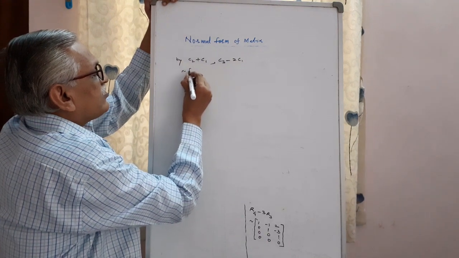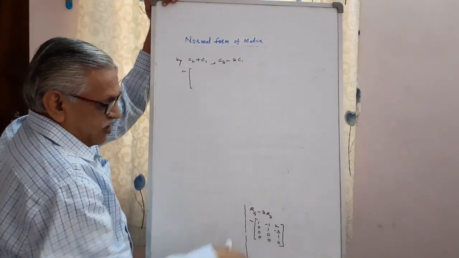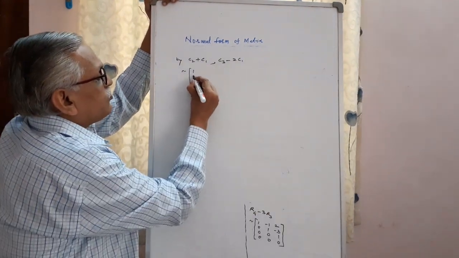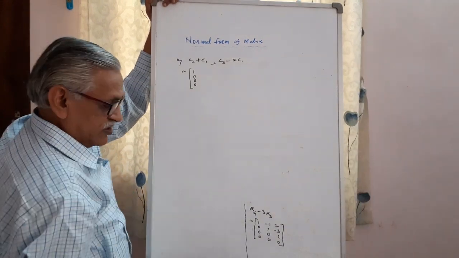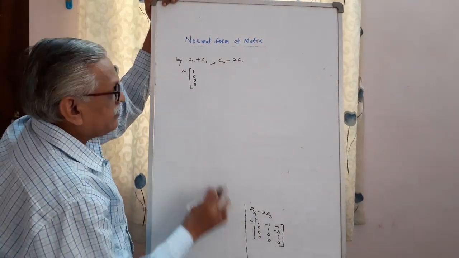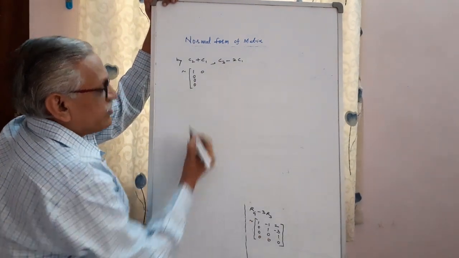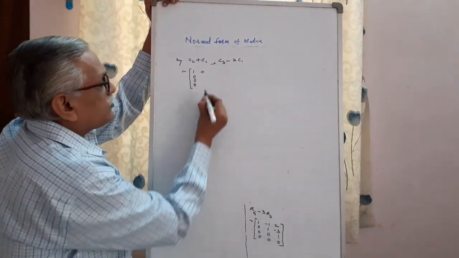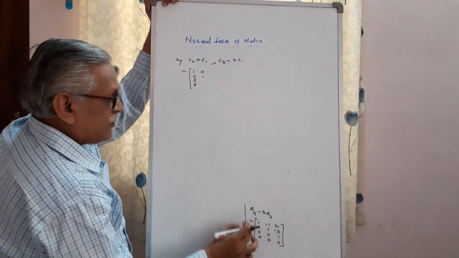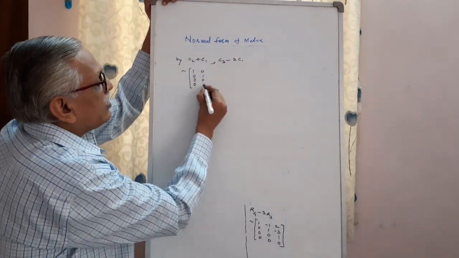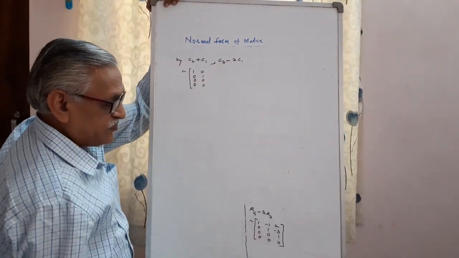Applying it, writing column wise, first column no change, second applying this C2 plus C1, minus 1 plus 1, we get 0 here, 1 plus 0 1, 0 plus 0 0, and 0 plus 0 0.